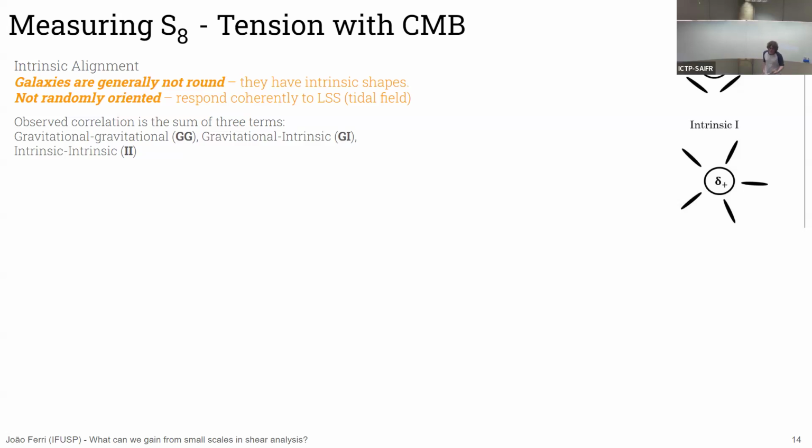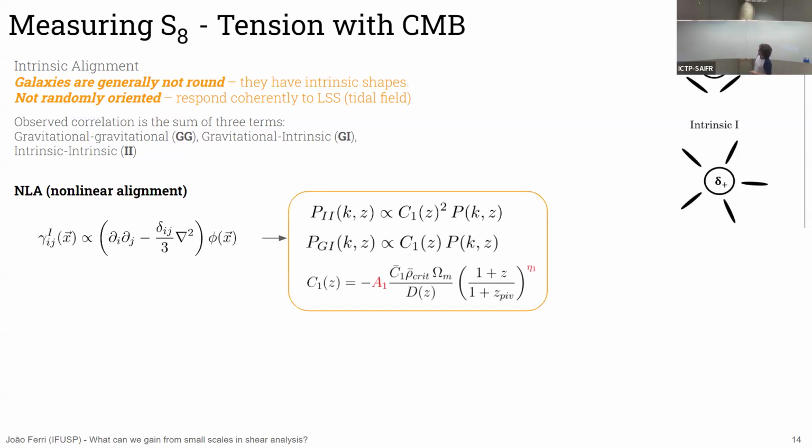There are two main models for this intrinsic shear. The first one is called NLA, nonlinear alignment, which basically models the intrinsic shear as proportional to the tidal field.